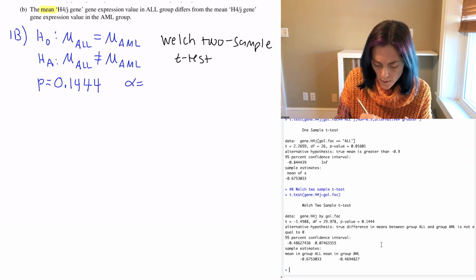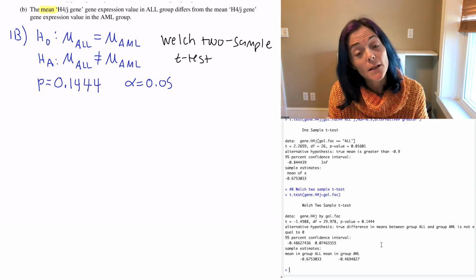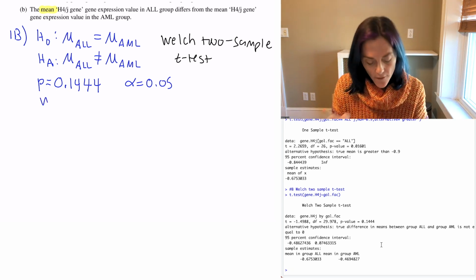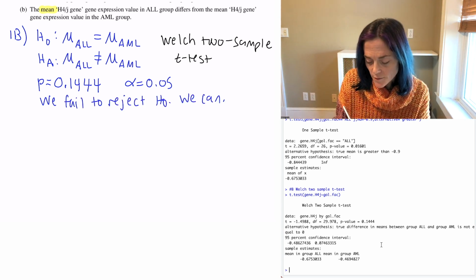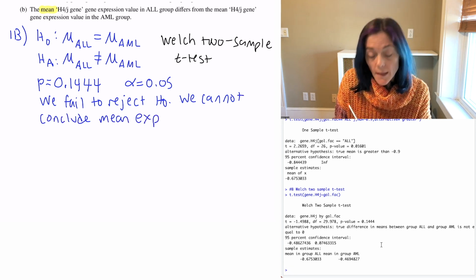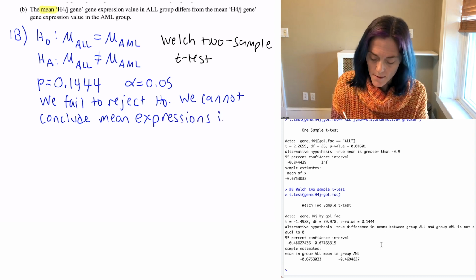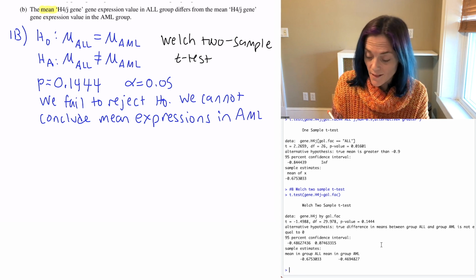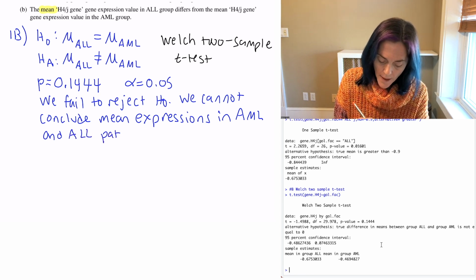Ooh, well, once again, say we use alpha is 0.05, that's a fairly large p-value, bigger than alpha, and so we fail to reject the null. We cannot conclude the mean expression in the AML group differs from the ALL group. Mean expressions in AML and ALL patients are different.